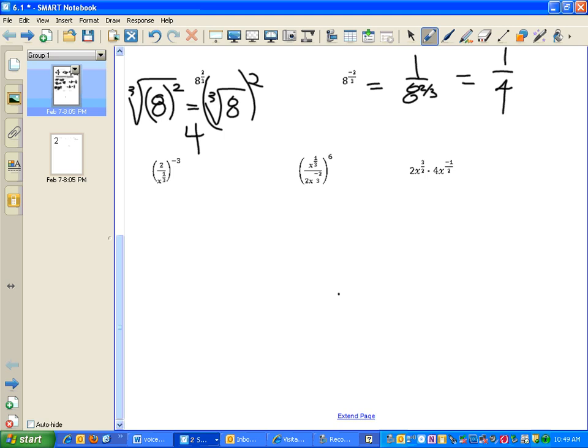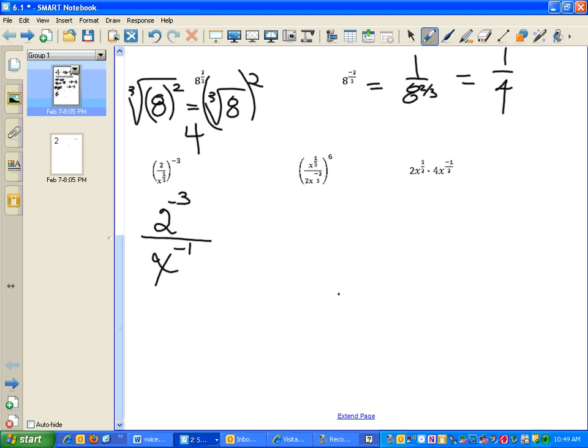All right, so here we go. So this is 2 to the negative thirds, 2 over x to the 1/3, all to the negative 2/3. So we're using our rules for exponents. We have to take that negative third power and apply it to every part of that term, correct? So that's really saying 2 to the negative 3 over x to the negative 3/3, which is also known as 1.